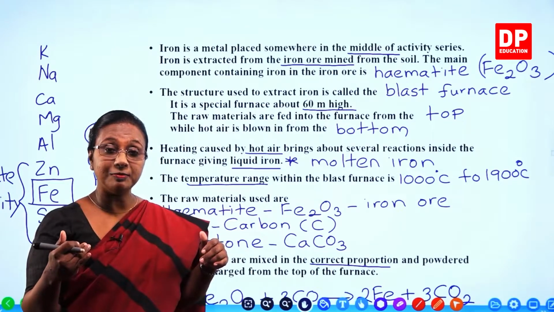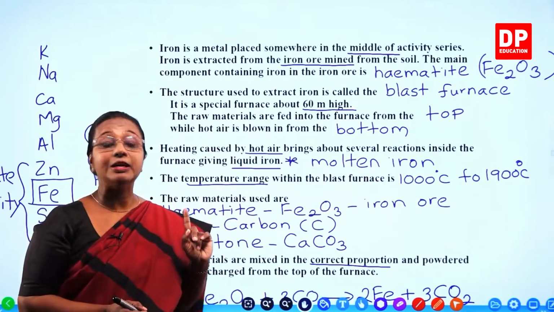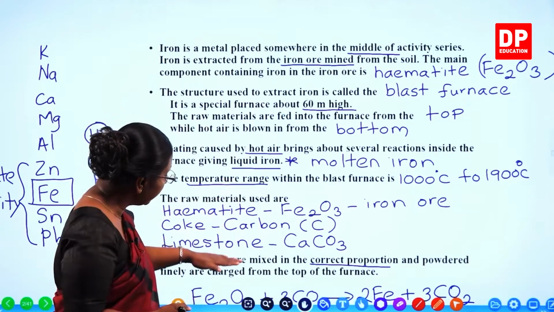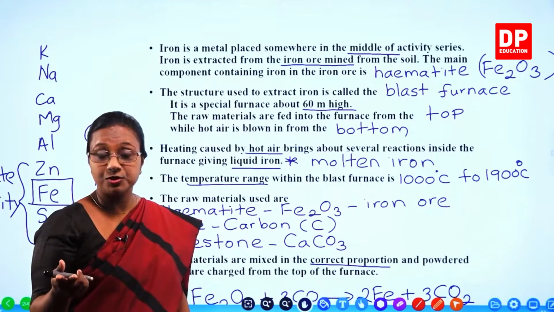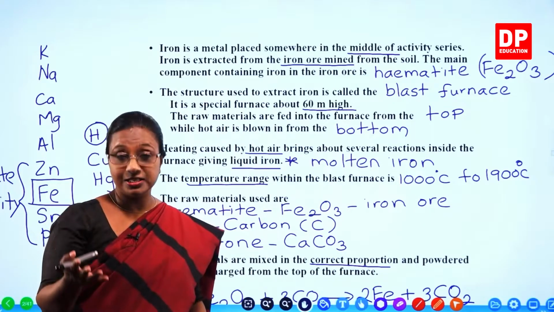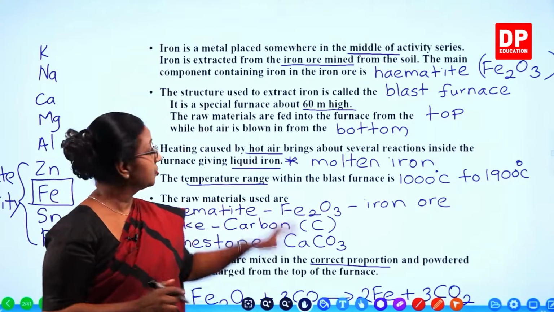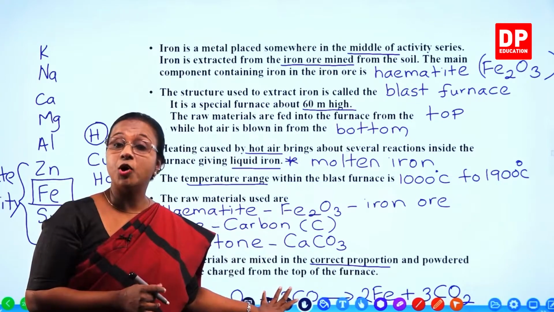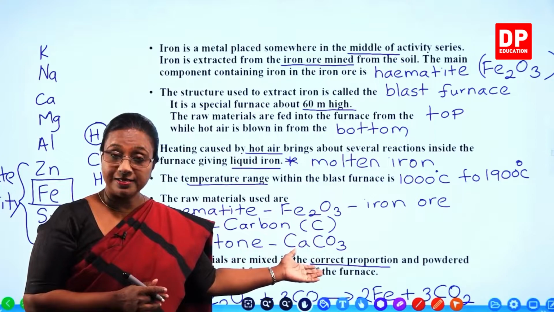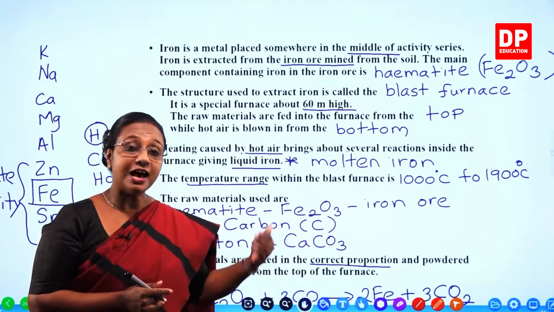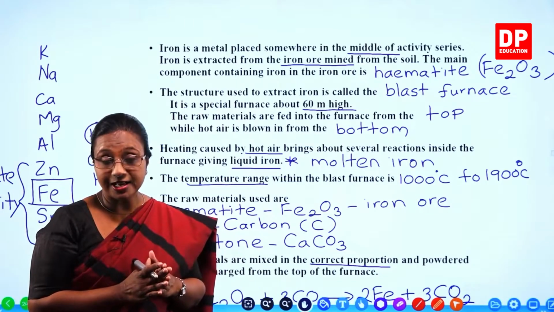Many reactions taking place there, and iron is extracted in the form of molten iron or liquid iron. And also you all need to remember all the 3 raw materials, hematite, coke and limestone, and also why they are introduced or why they are used as raw materials in the blast furnace. So that is the introduction. You all have to remember all these information, students. In addition to that, as I told you all, I will explain the structure of the blast furnace, and thereafter we will discuss all the reactions that take place during the extraction of iron.